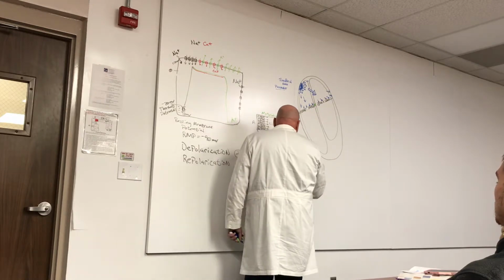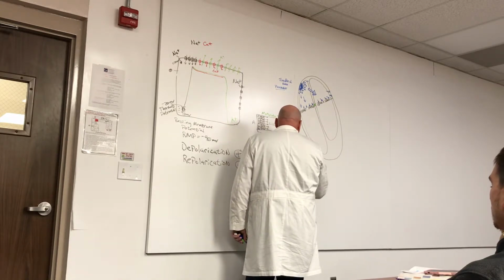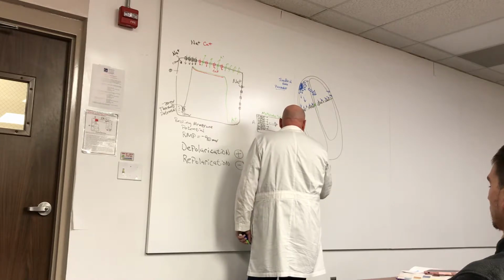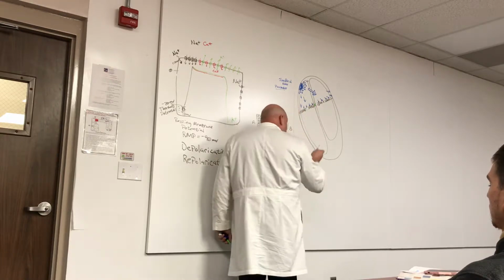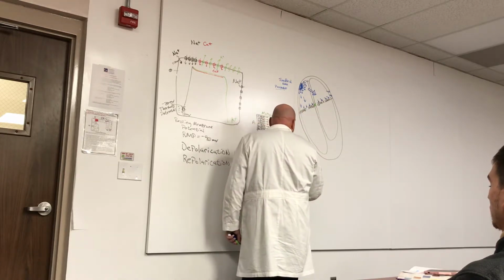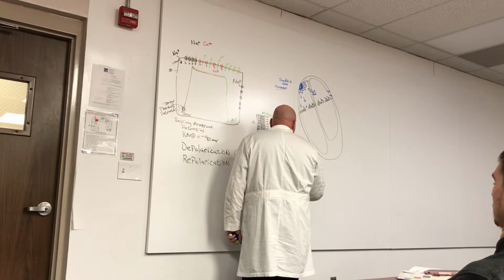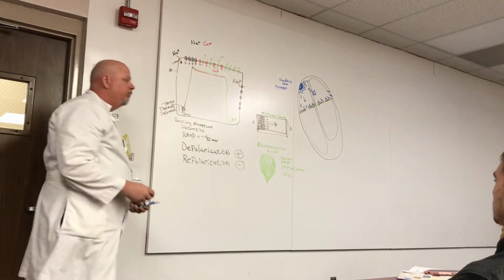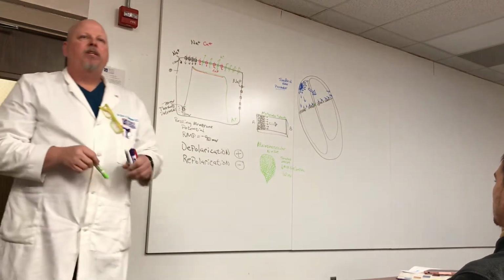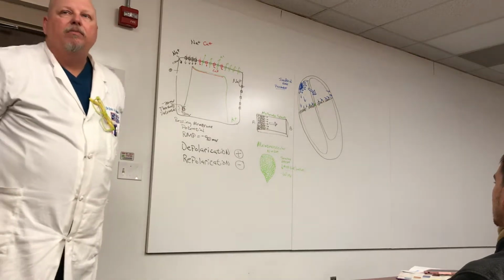They have a reduced number of gap junctions, the communication from one cell to another. And the most important thing is the resting membrane potential of the AV node is minus 60 millivolts.